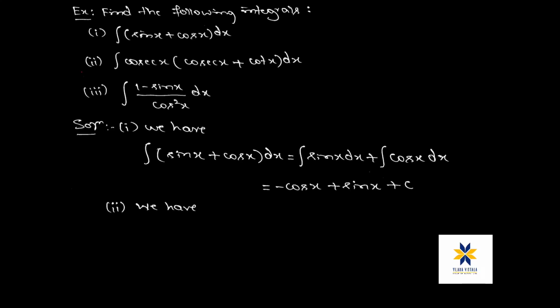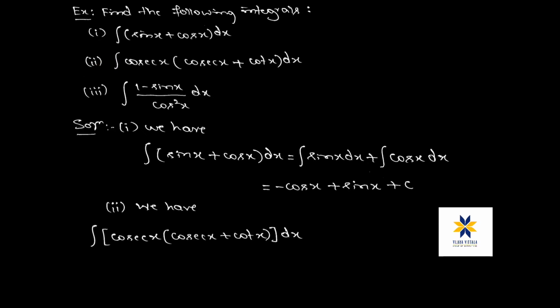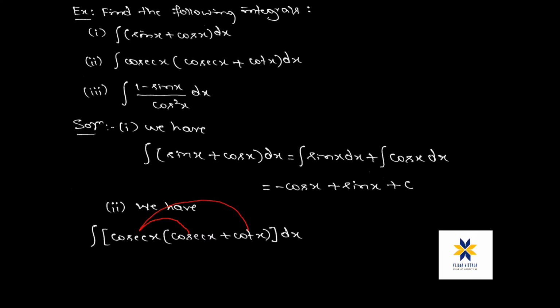Now let us consider the second problem. In this question, first we need to multiply this cosecant x inside. We know cosecant x into cosecant x will be cosecant square x.